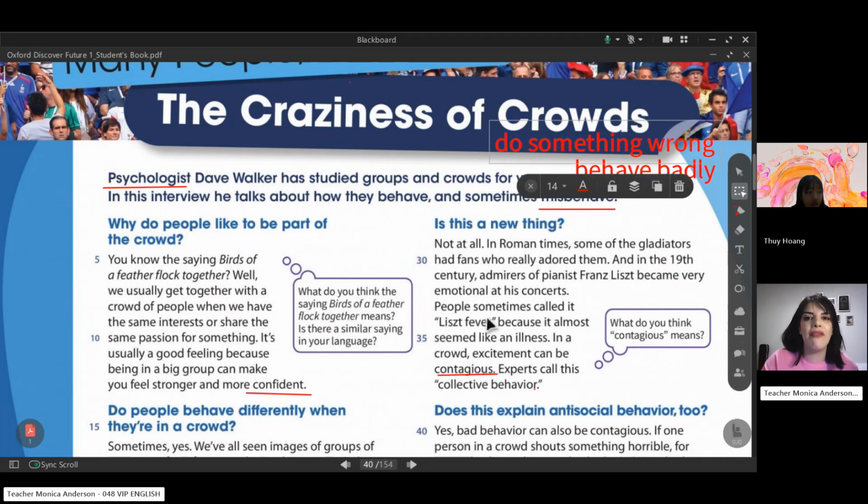For example, some people go to a concert and they shout and shout, and some other people copy their behavior. They think, if they are shouting, why am I not? Let me shout. So they copy, and it's not good.